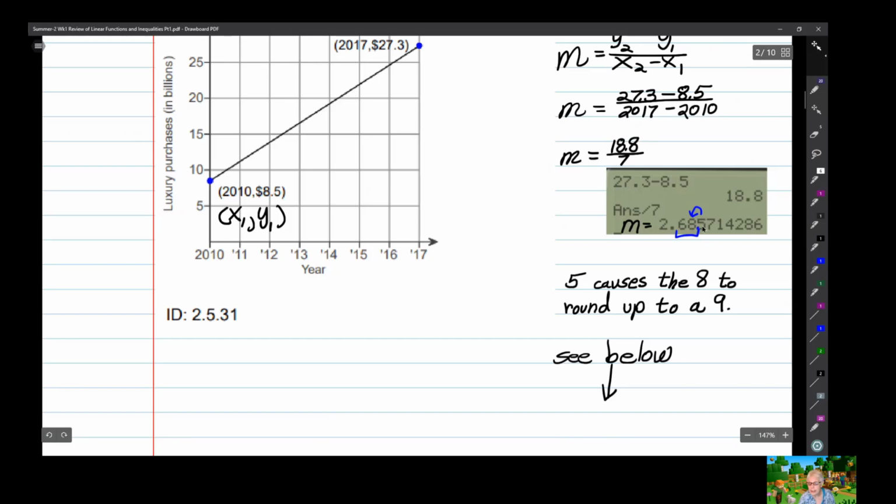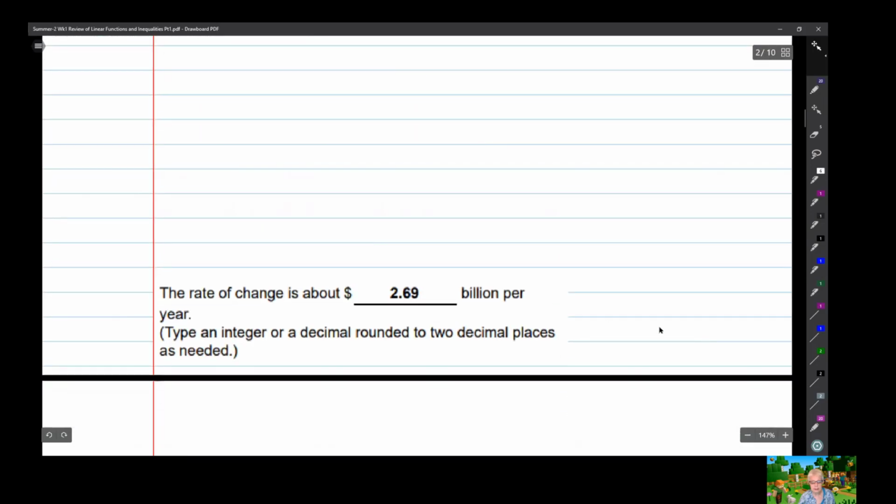I have to look at the third decimal place, 5, to find out whether or not I should round 8 up to a 9. Because 5 is 5, any number that is 5, 6, 7, 8, or 9 will cause the decimal number to the immediate left of it to round up 1 unit. This 5 will cause the 8 to round up to a 9, and as a result, I put the answer down here.